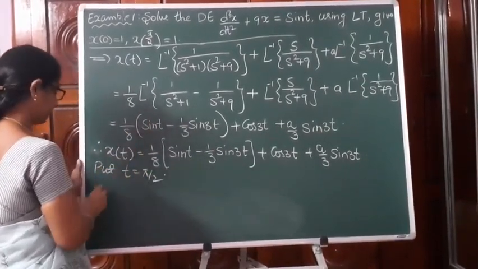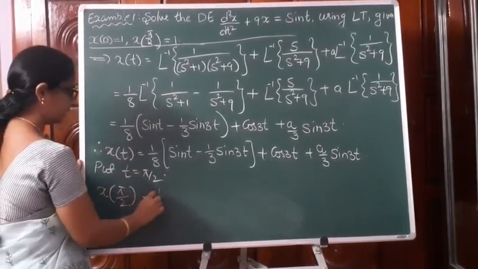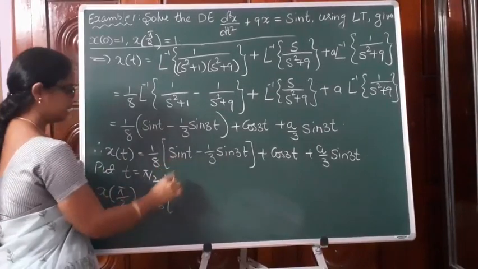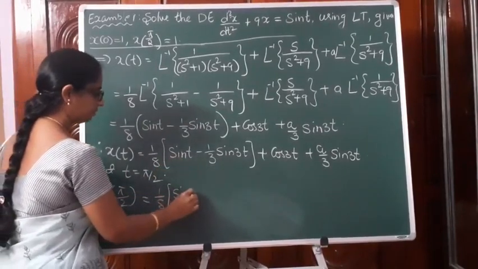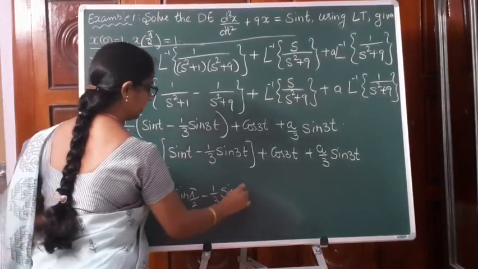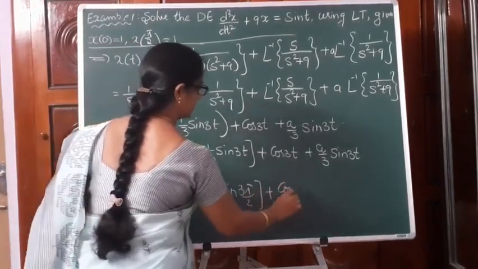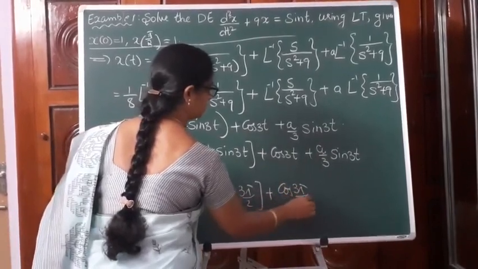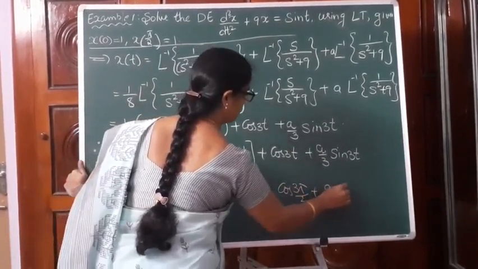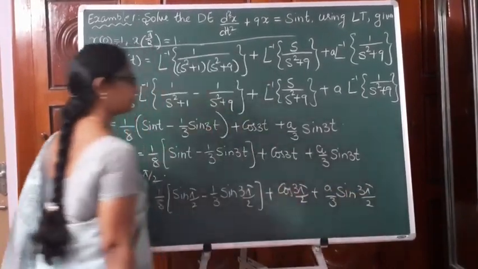So if t is equal to pi by 2, x of pi by 2 is 1 by 8 times sin pi by 2 minus 1 by 3 times sin 3 pi by 2 plus cos 3 pi by 2 plus a by 3 times sin 3 pi by 2.